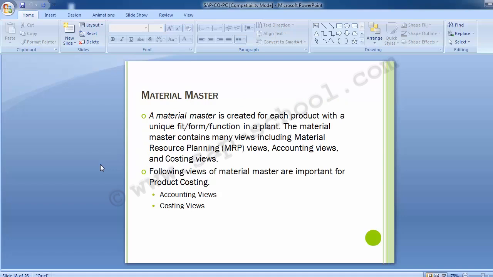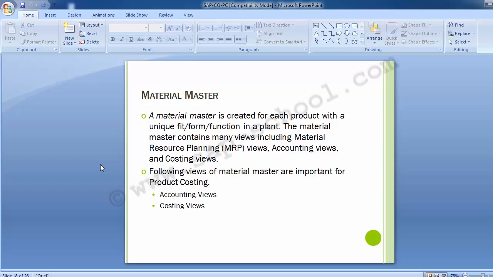a material master is created for each product with a unique fit, form, function in a plant. The material master contains many views including material resource planning views, accounting views and costing views. The following views of material master are important for product costing.